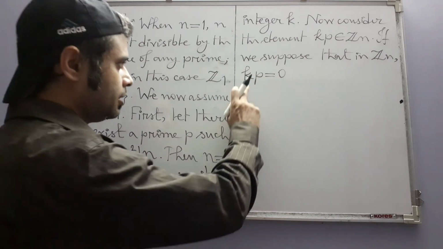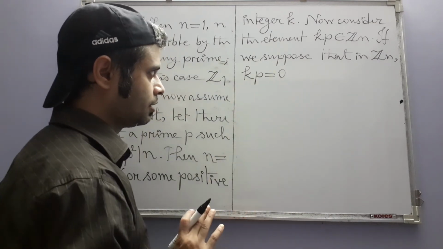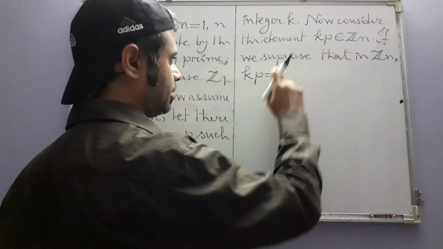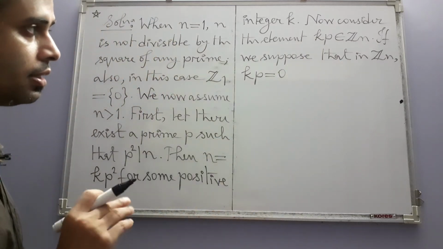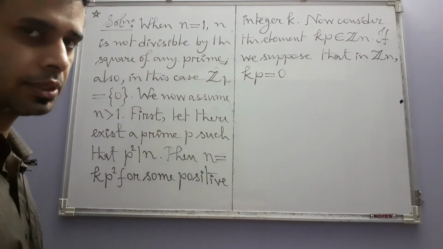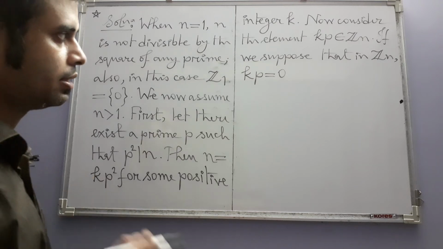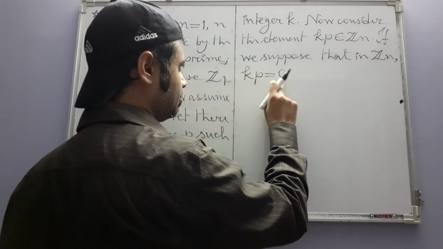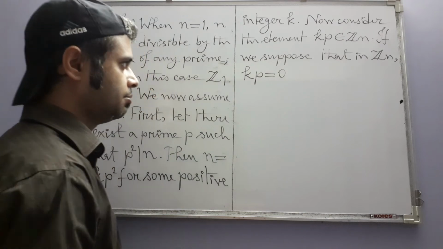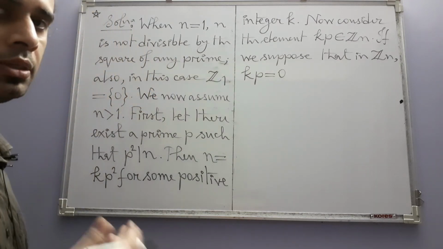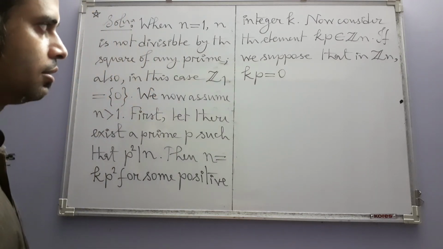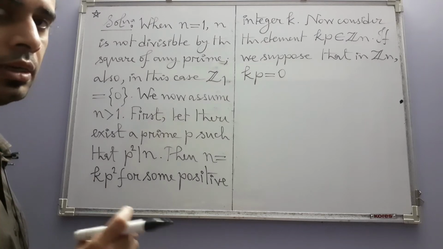As integers these two things are never equal. We have just now said that kp is greater than 0, but in the ring Z_n, when you interpret it as an element of Z_n, then kp becoming 0 has a different meaning. It's not literally that kp is 0, but rather that n divides the integer kp.